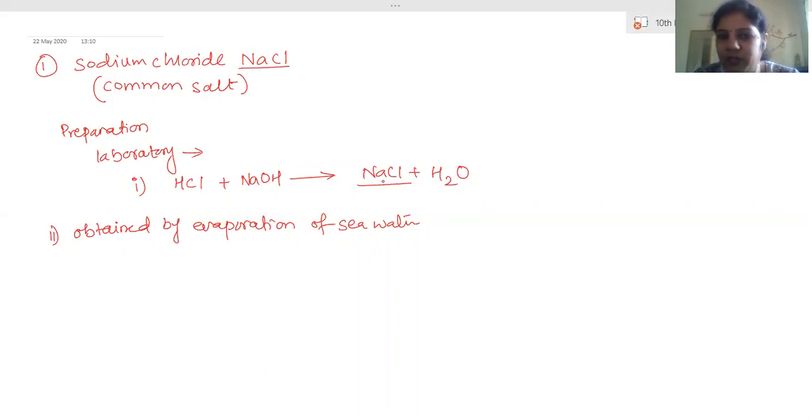What we eat is a mixture of sodium chloride and some percentage of iodine. So this is one way of getting sodium chloride, from seawater. One more way is from rock salt.